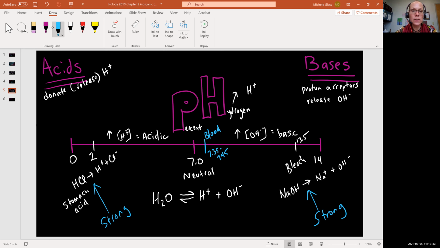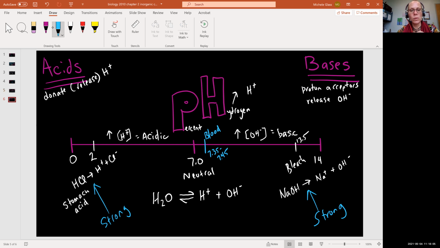We can have some acids and bases that are considered weak, and weak means they are reversible. It's more like in that equation we drew for the water, where the weak acid separates, it dissociates, but it also comes back together. So a weak acid would incompletely dissociate. A weak base would incompletely dissociate.